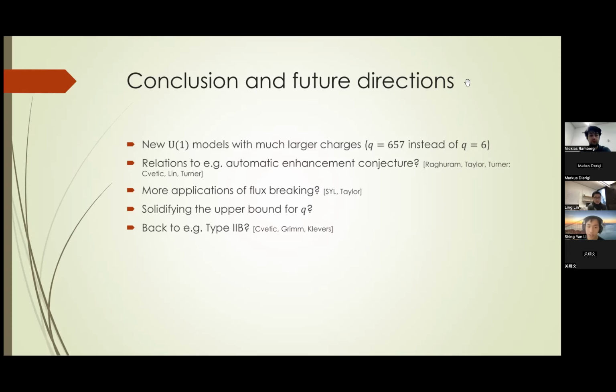Oh, yeah. So the automatic enhancement conjecture especially rules out the infinite swampland of UN charges in 6D that Andrew has been working on. And this UN spectrum that we are getting is basically the same as that UN spectrum in 6D. But now there are two different things.